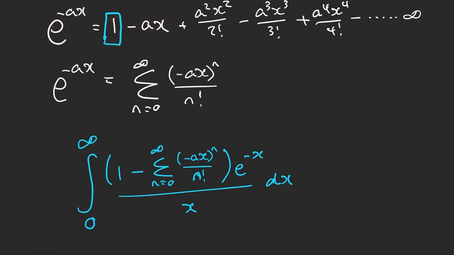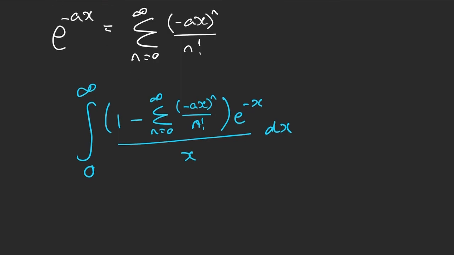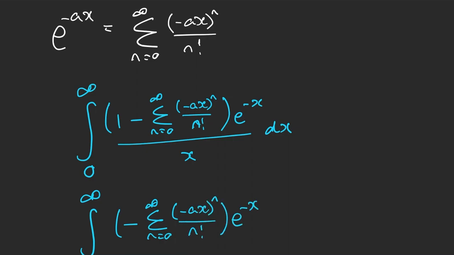And so this one right here and this one are going to cancel out completely. And so this reduces to the integral from 0 to infinity of negative the sum from n equals 0 to infinity of negative ax to the power of n over n factorial, times e to the negative x over x dx.